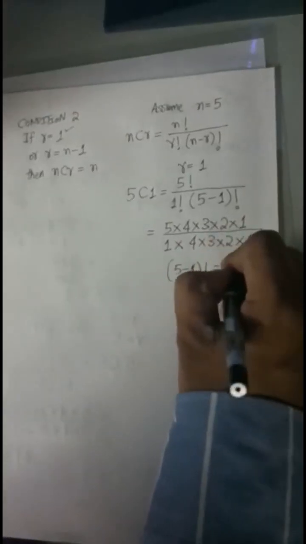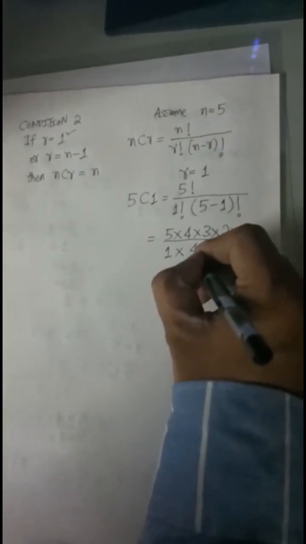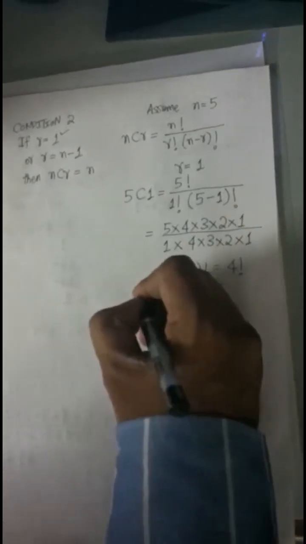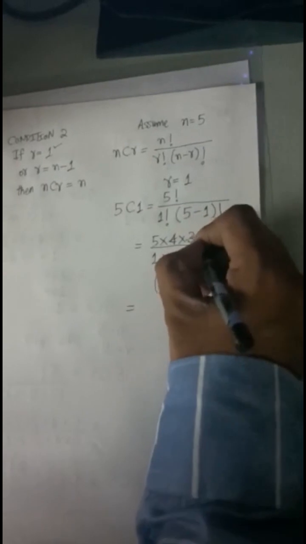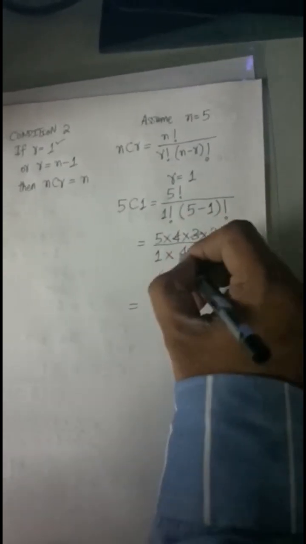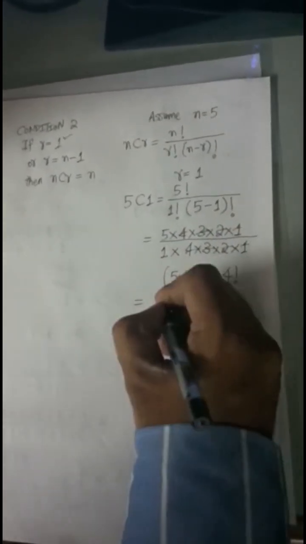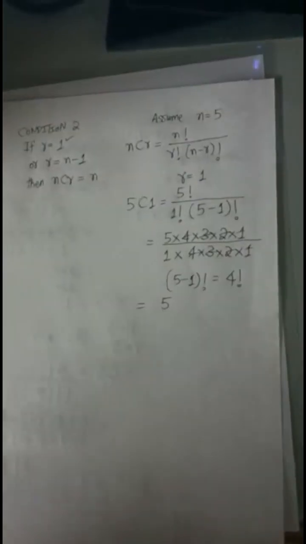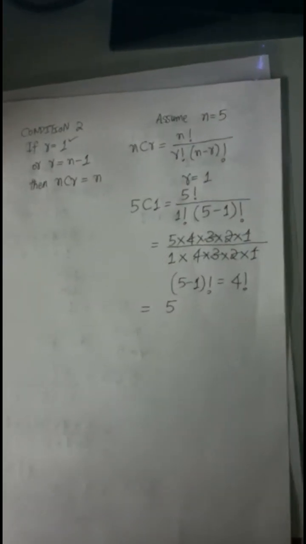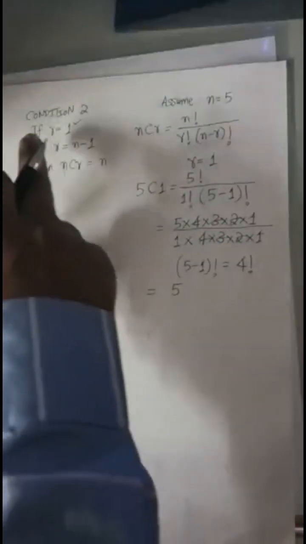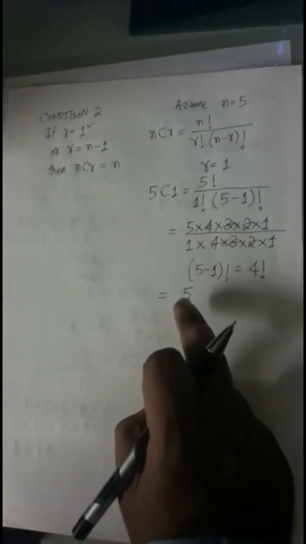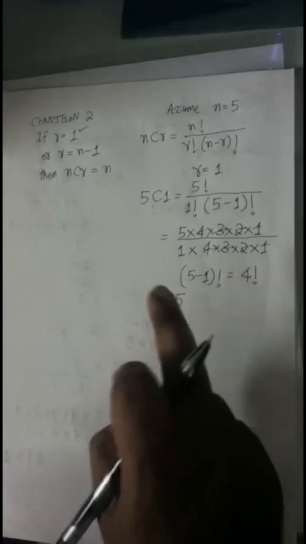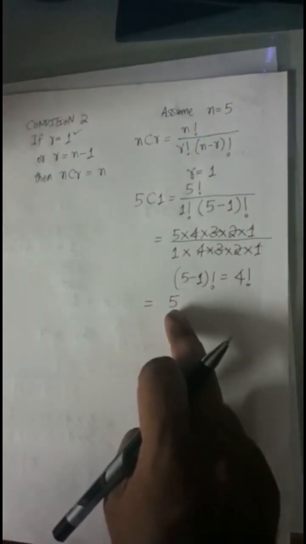So you can see that ultimately this gets cancelled, and the final result we get is 5. So when r equal to 1, the value of nCr is equivalent to n. As n equal to 5 we assumed, here also we got 5.